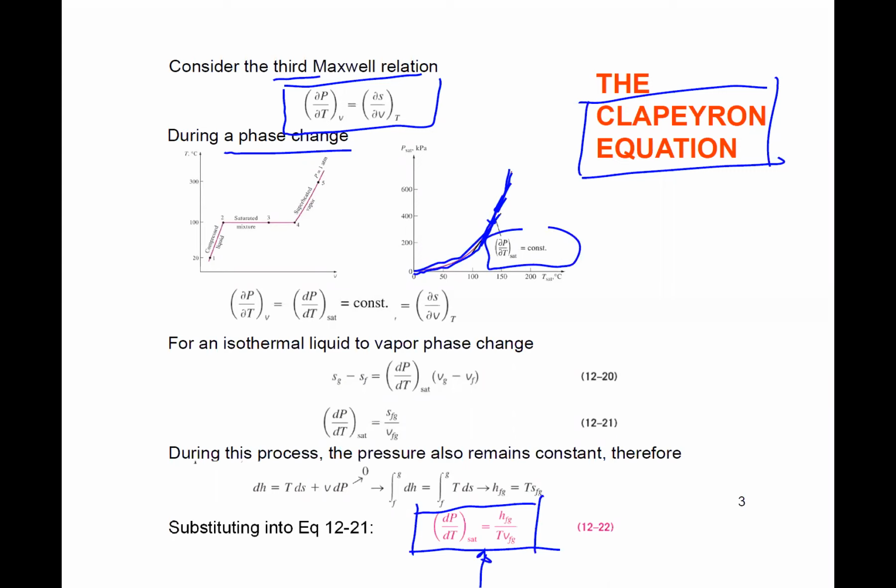That's that partial, right? So that relates us that slope to our h_fg, so our latent heat of vaporization, and temperature and specific volume, right? So temperature, specific volume, both of those measurable properties. Same with the saturation curve is another thing that's measurable.